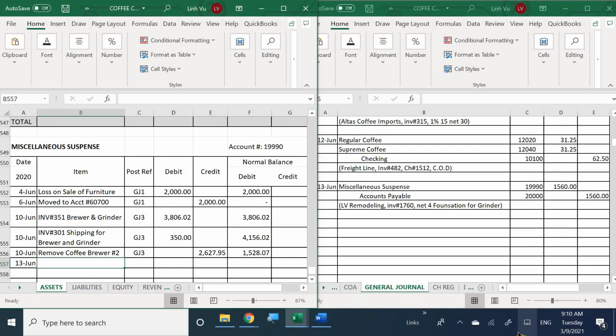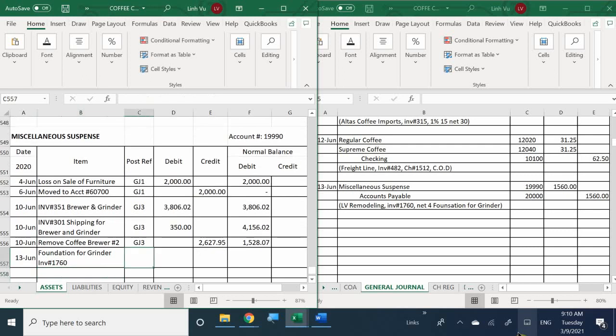You could say foundation for grinder, invoice number 1760. Okay. General journal number 4 still.